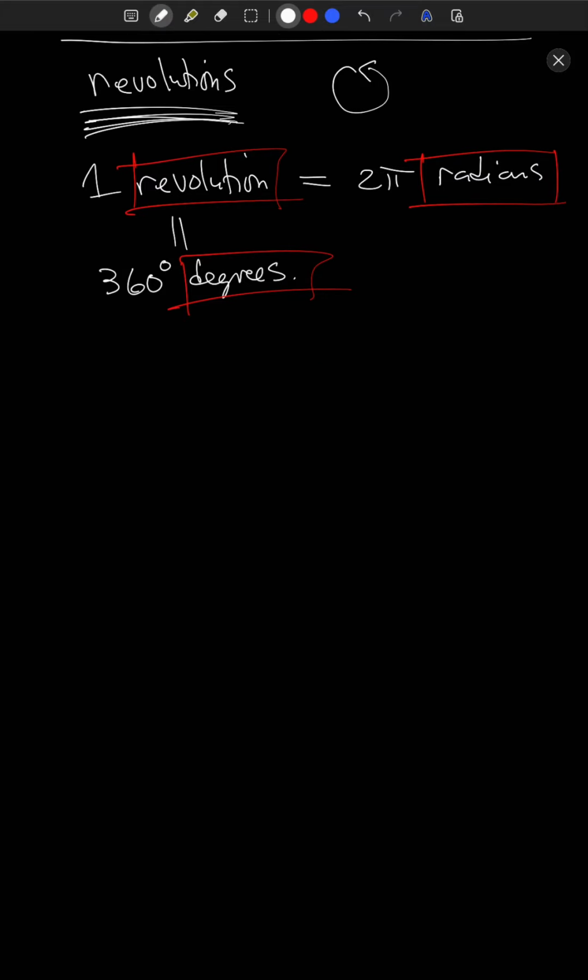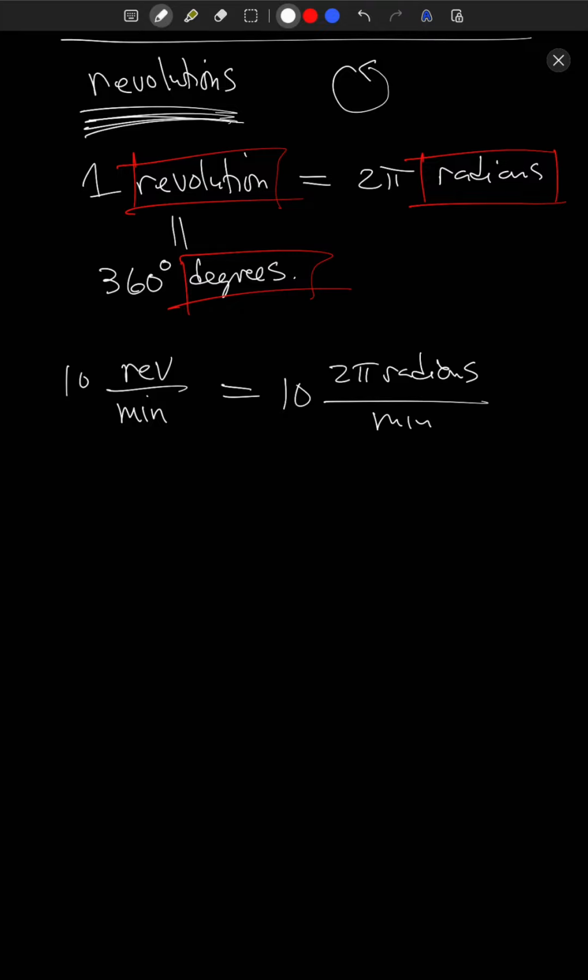So for example, if I have 10 revolutions per minute, and often revolution is abbreviated rev, right? What is that in terms of, for example, radians per minute? So that would be 10. Well, one revolution is 2 pi radians. We just said that. So that would be 2 pi radians per minute. Okay?